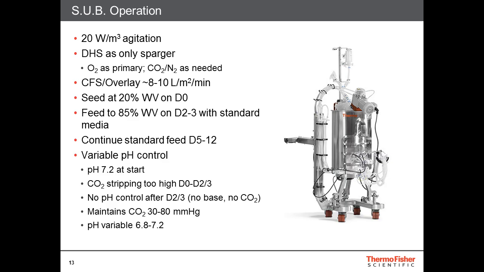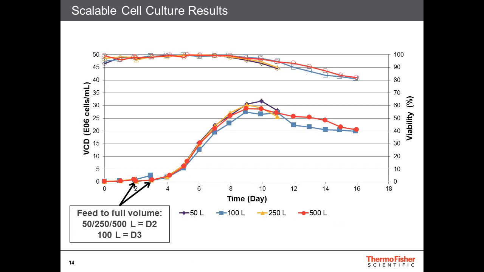Some of the process parameters that were used were about 20 watts per meter cube agitation, oxygen as a primary gas and then carbon dioxide or nitrogen as needed, cross-flow sparging at 8 to 10 liters per meter square per minute, a seeding ratio of 20%, and a pH of 7.2, and some other process parameters listed here.